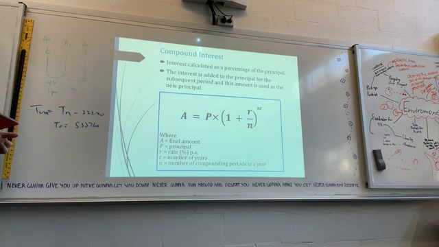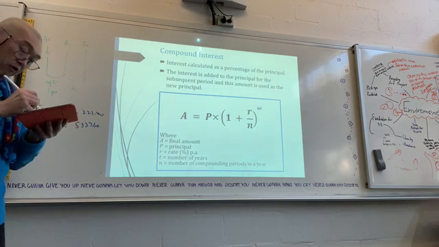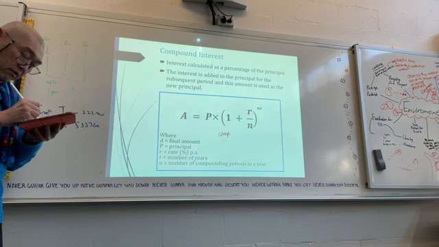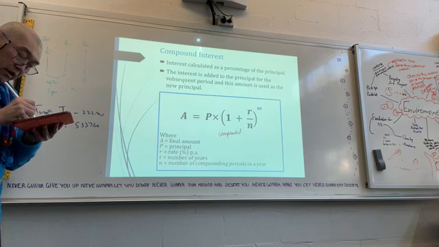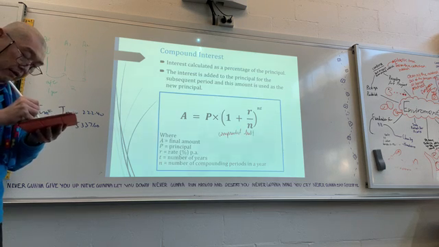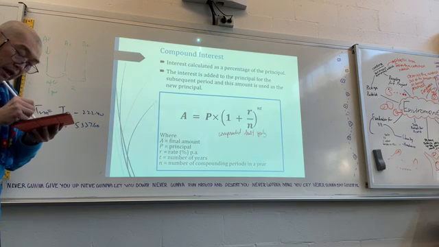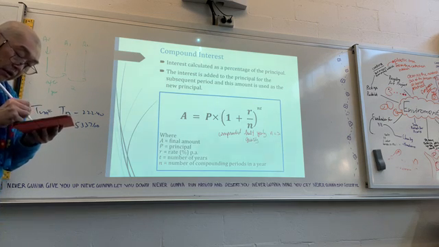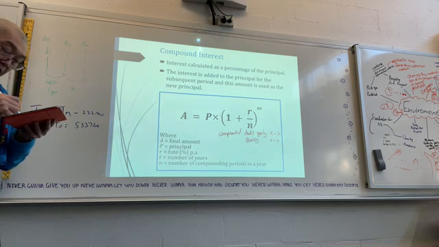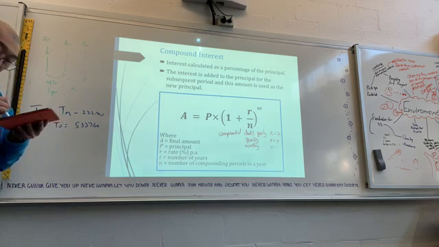All right? So think about it. If I have compounded half yearly, N equals 2. Quarterly, N equals 4. Monthly, N equals 12.